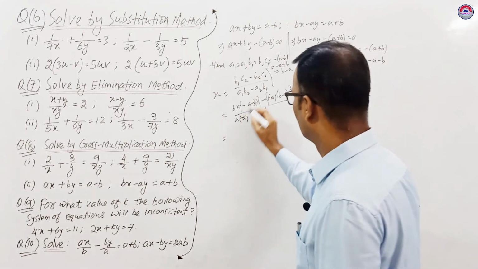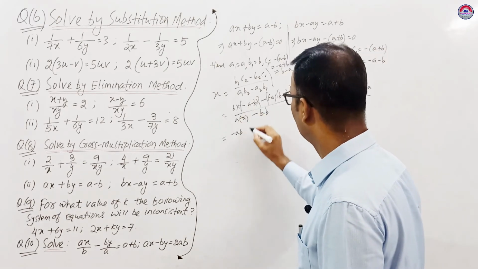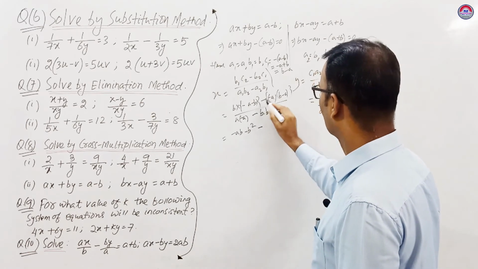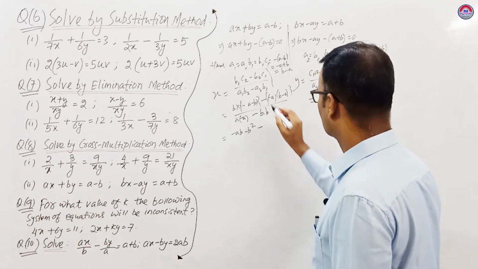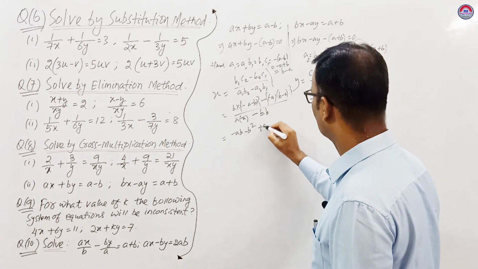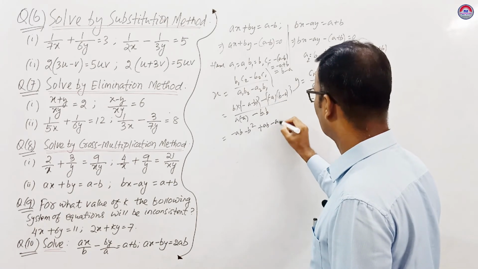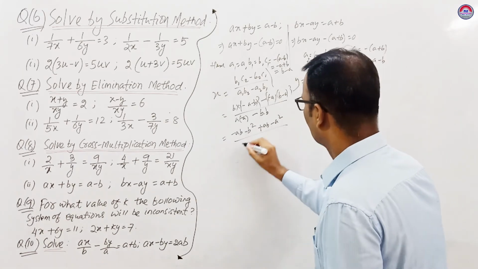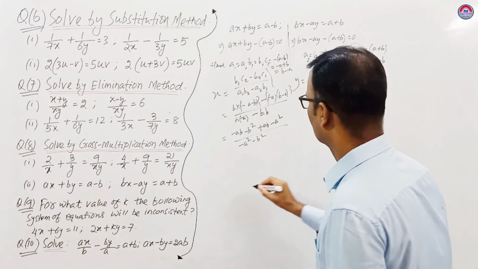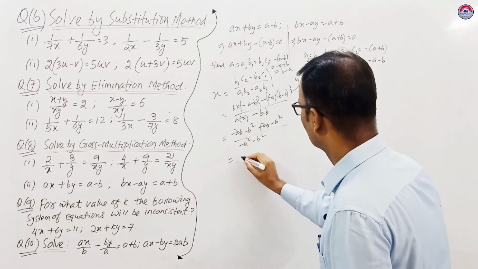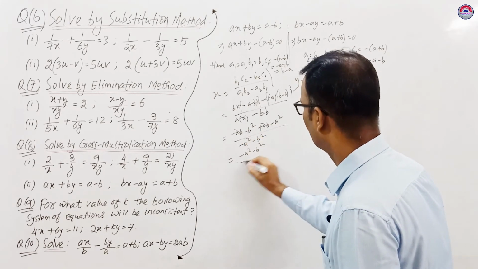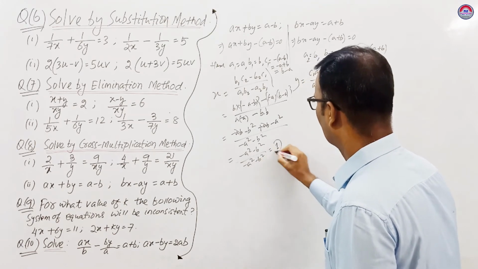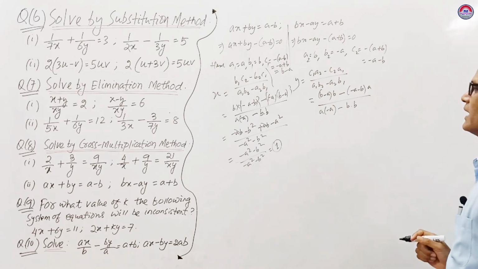So you see here, this is minus ab minus b square, minus into minus plus, plus ab minus a square, divided by minus a square minus b square. That implies minus a square minus b square divided by minus a square minus b square equal to 1. This is the value of x.